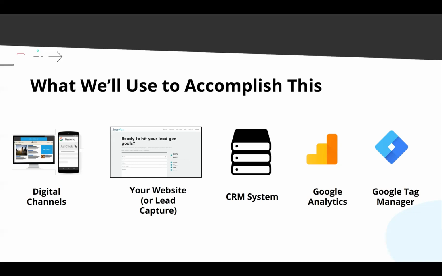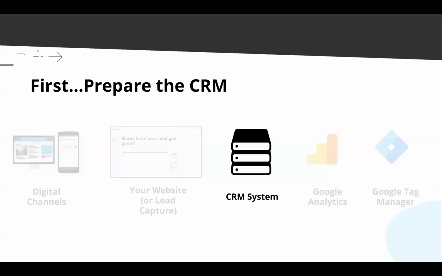You really don't need that unless you're a massive corporation doing some serious data analysis. And in that case, you probably have a lot of this in place already. And then Google Tag Manager, also free, helps you accomplish a lot of the coding that we're going to be doing today without the need of a web developer in place on your team, which is great for efficiency and workflows. So the first step to all this is the CRM system.